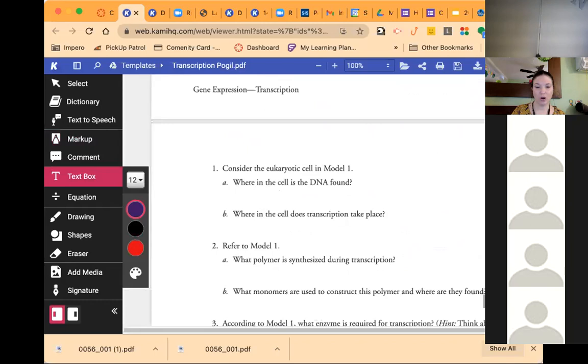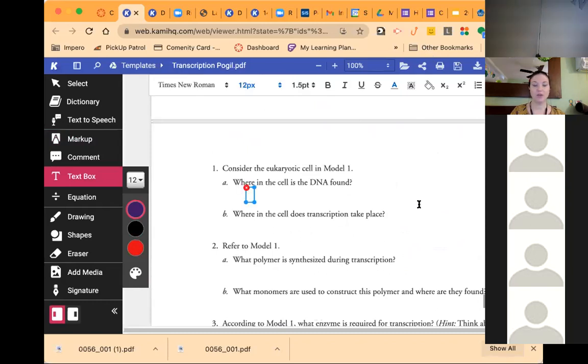Let's see, where are my participants? Start at the bottom. All right, Wyatt, where in the cell is the DNA found? Wyatt.